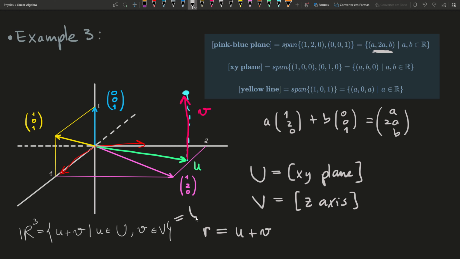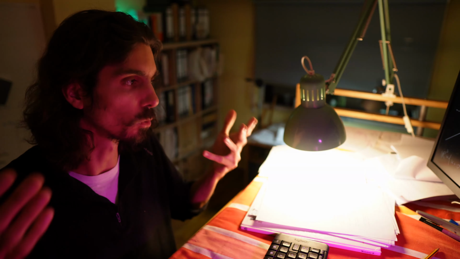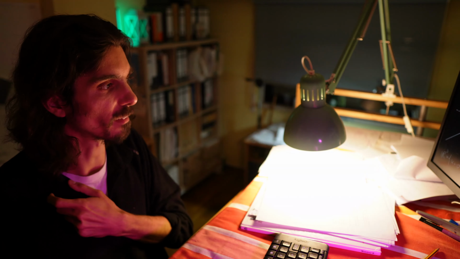There is a special notation for this, by the way: U ⊕ V, which means the direct sum of U and V. So R3 is a direct sum of the xy plane and the z-axis, which means I can write any vector in R3 as an element of U plus a vector of V, just like I said here.